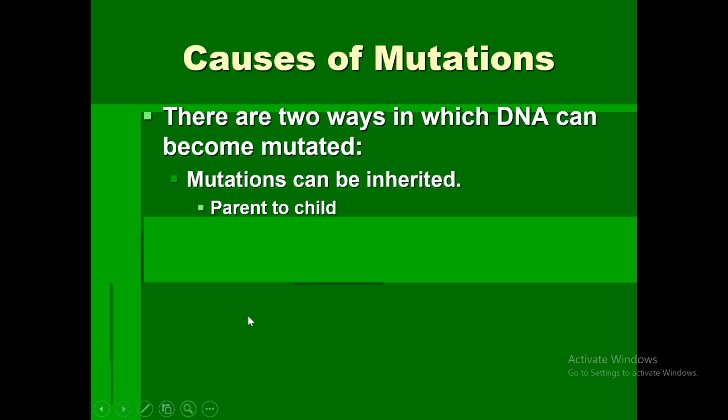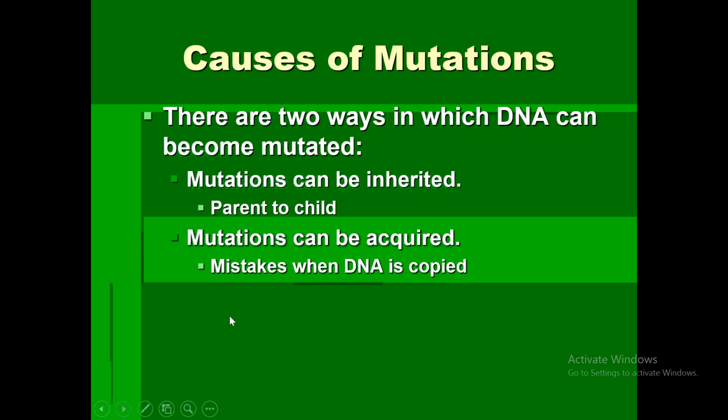Another way is mutations can be acquired. What does acquired mean? Obtained. It can be picked up somewhere. And not like you can go to the store and buy it. But acquired means there's just a mistake when your DNA is copied. Now this happens all the time. But our DNA also has a corrective process where it actually corrects itself.